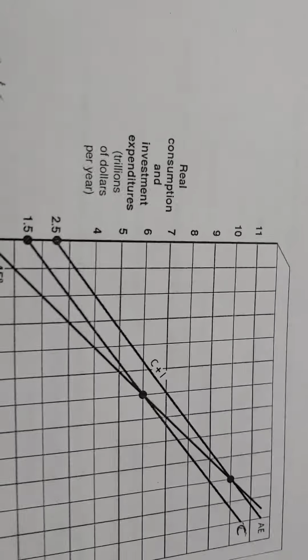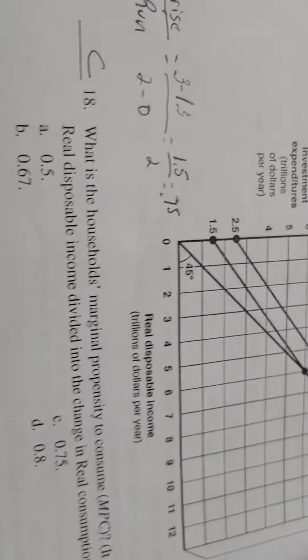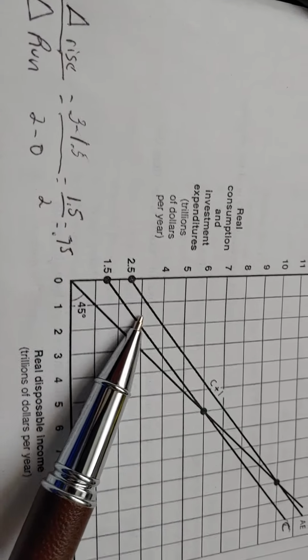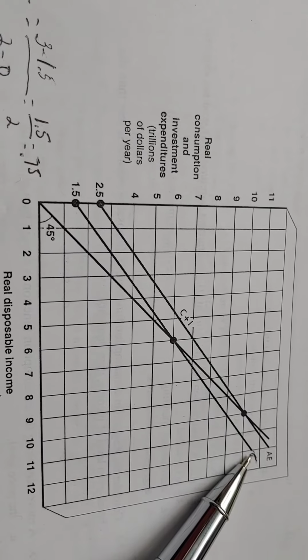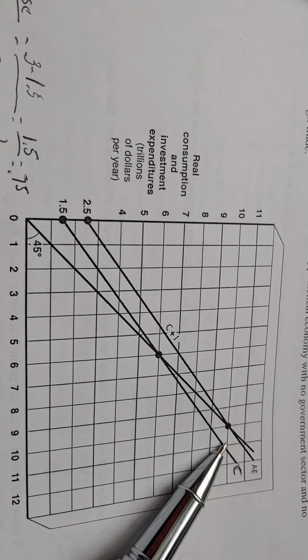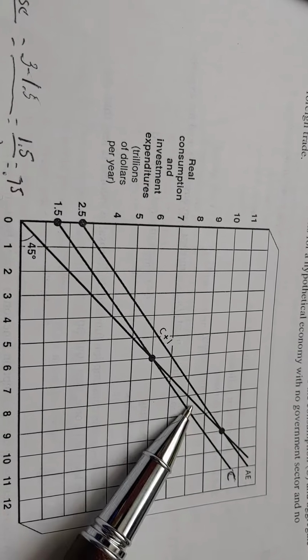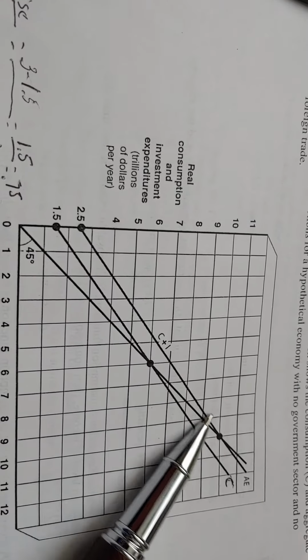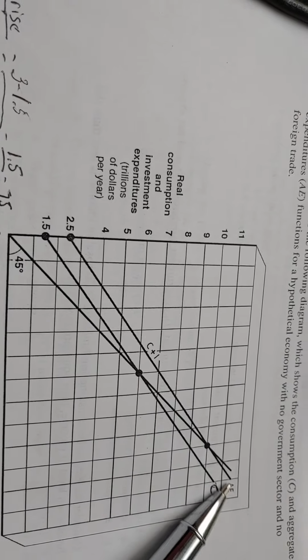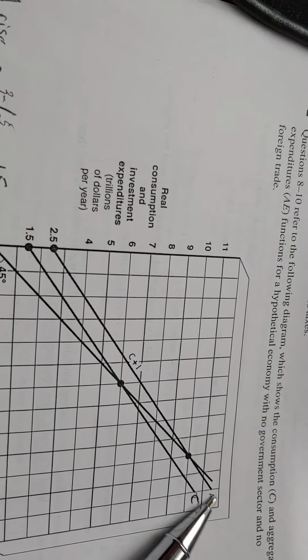So now we're wanting to make sure we capture both consumption, which is consumers, and then we add in the investment, which gives us our aggregate expenditures, the AE.